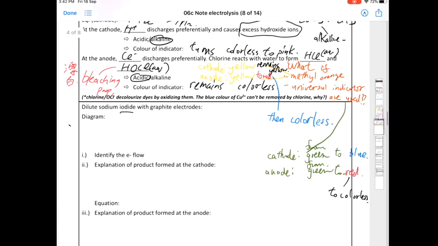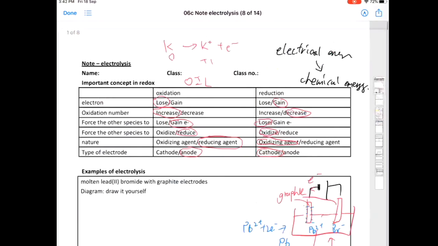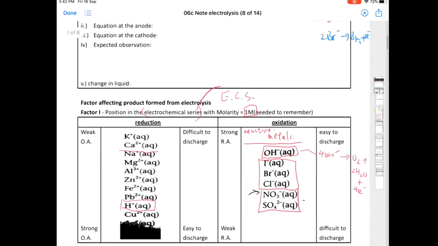Let's go back to the electrochemical series somehow. The arrangement is like this: hydroxide ion, and then I minus, and then Br minus, and then Cl minus. And as mentioned before, for Cl minus, only if the concentration is very high will it start to discharge.